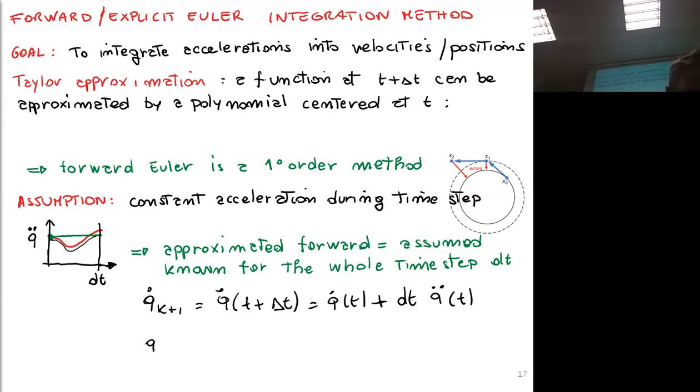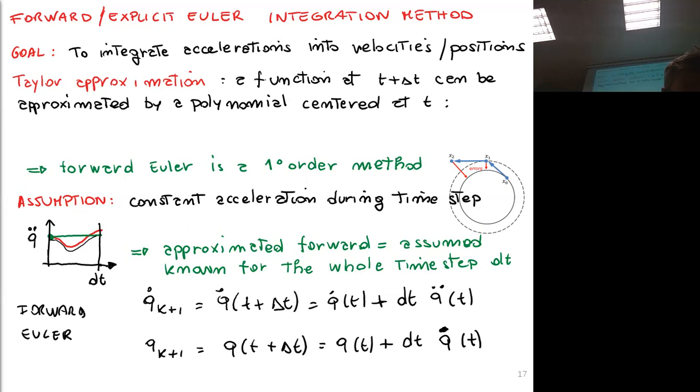For the position, we do something similar. We take the position at the previous step, and we, in essence, integrate the velocity. And this is the forward Euler approach.